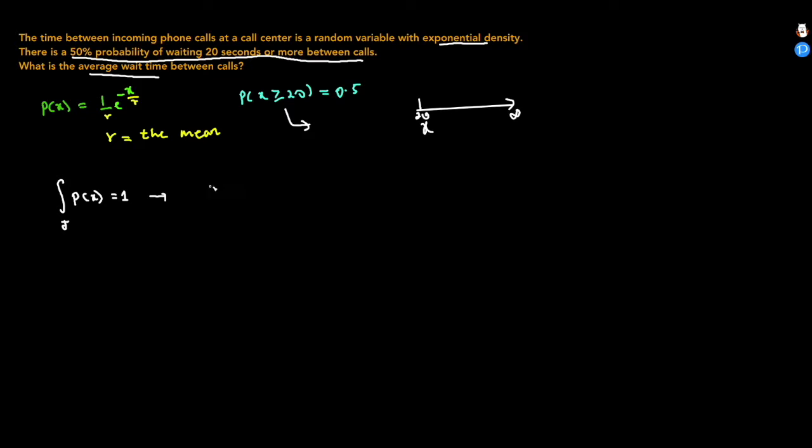So J in our case is 20, with a closed bracket because it includes 20, to infinity, with an open bracket. That's the interval we're interested in.